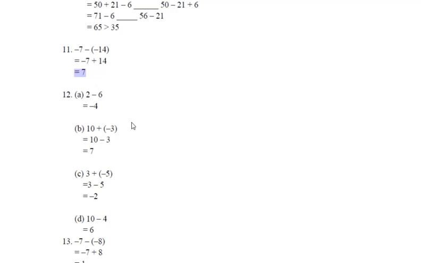Unlike in question number 11, in question number 12, you are not given any kind of condition that both the numbers have to be negative, or both the numbers have to be positive, or one number can be positive and the other one can be negative. Nothing has been given out here. So you are free to use whatever numbers you feel comfortable with.